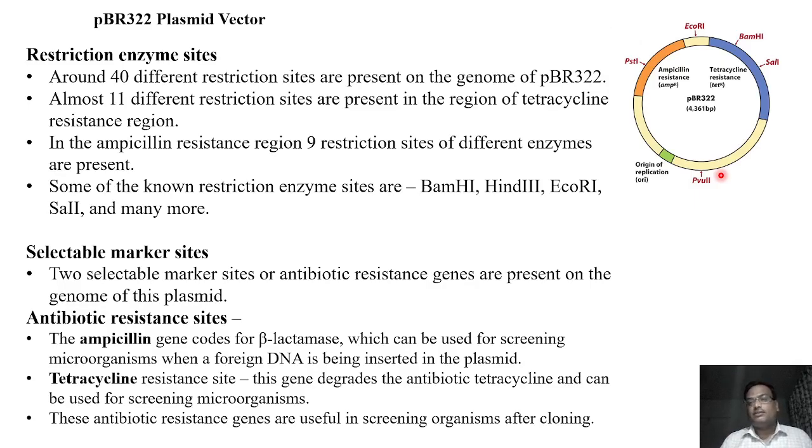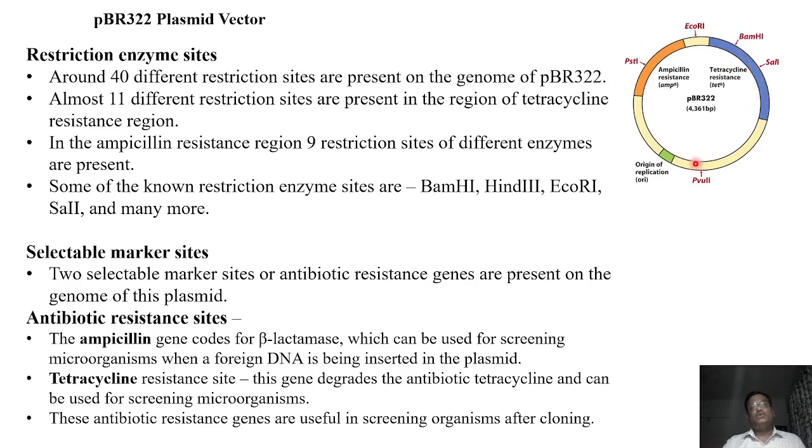Just imagine, a bacterium which has resistance against tetracycline means there is no recombination. A bacterium which has lost the resistance, why did it lose the resistance? Because I have introduced the gene here using this enzyme. If a foreign gene is introduced here, it loses the resistance.